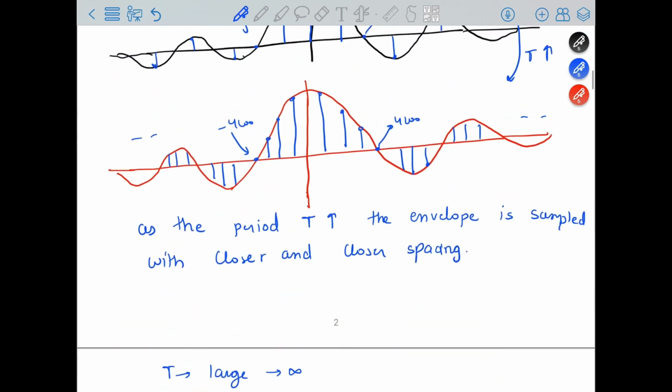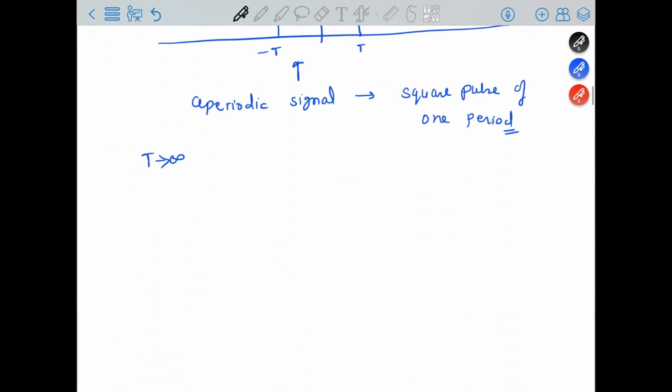So, suppose in this figure, if we increase T to infinity, we will get very closely sampled coefficients, and if they are so close, they will approach the envelope in some sense. So, if T tends to infinity, the coefficients approach the envelope.